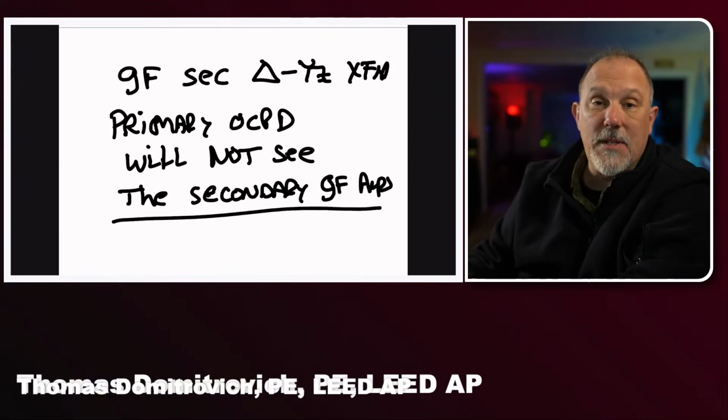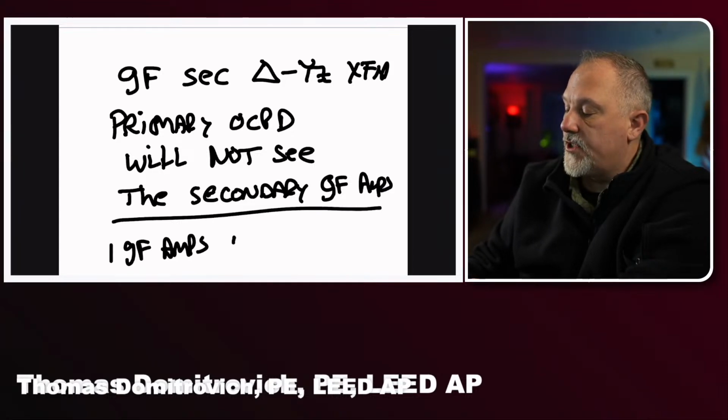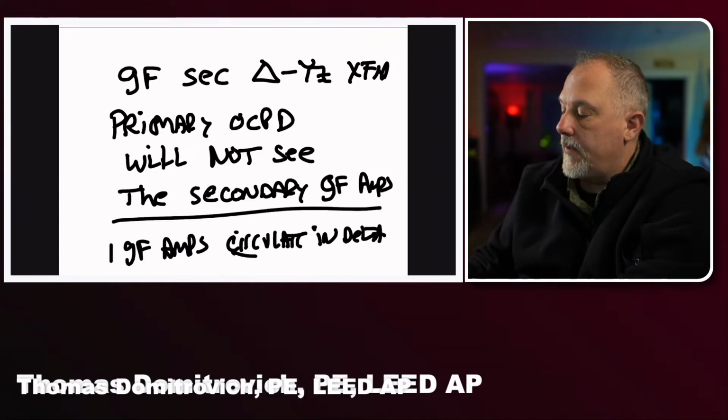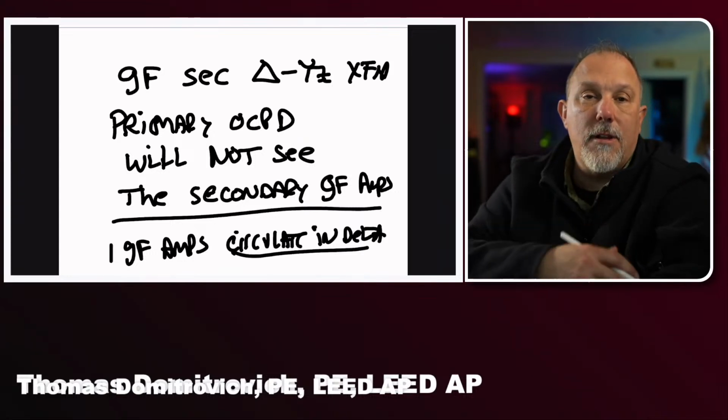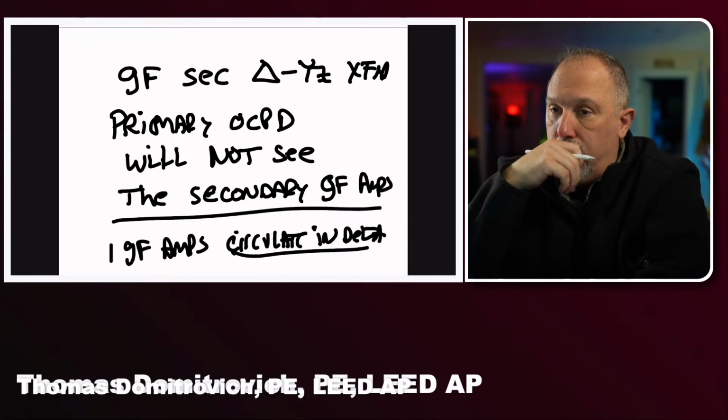Why is that? Because we said it earlier. Ground fault currents, ground fault amps, circulate in the delta. They won't pass through. It'll look like a line-to-line fault, but I can't tell you the magnitude.